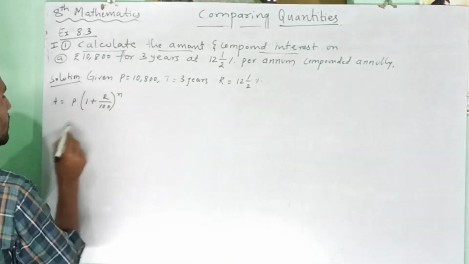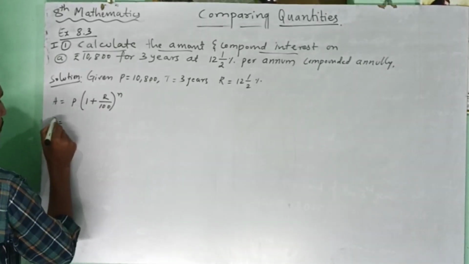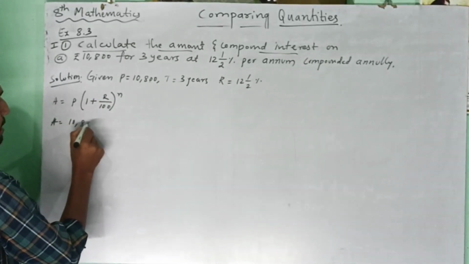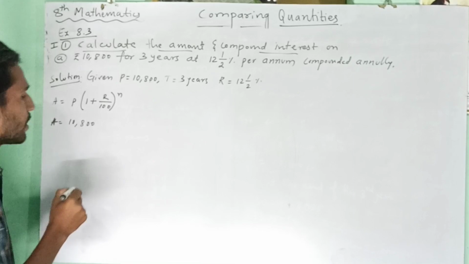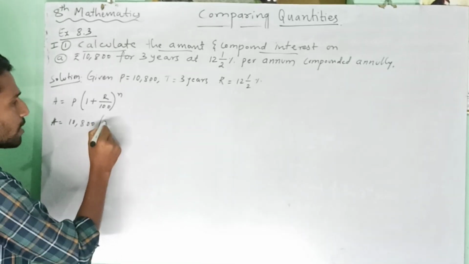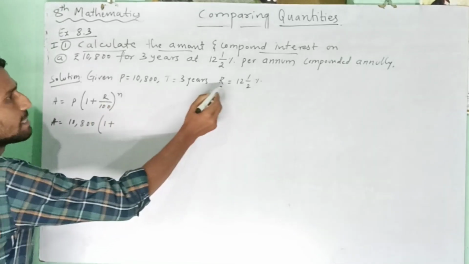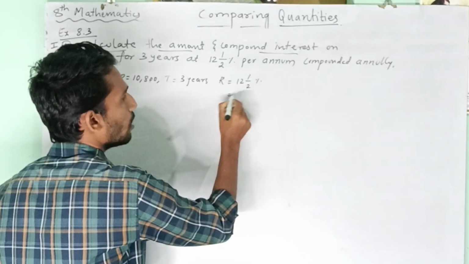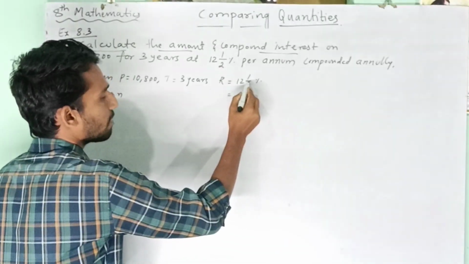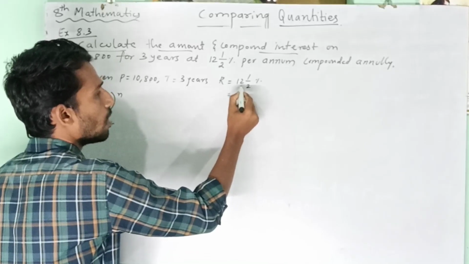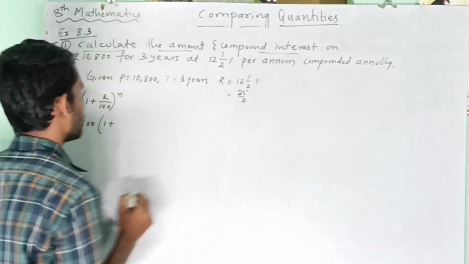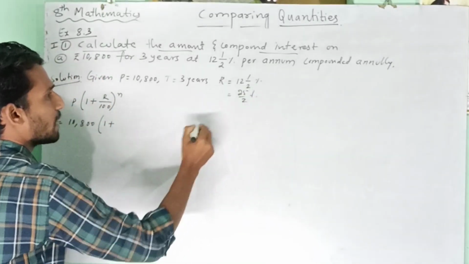Now P is 10,800. R is 12 1/2. When converting it to an improper fraction, 12 into 2 is 24, plus 1, 25/2. So 25/2 %.